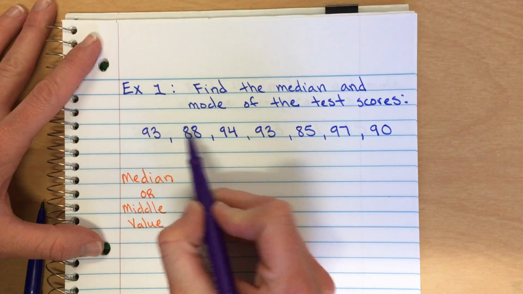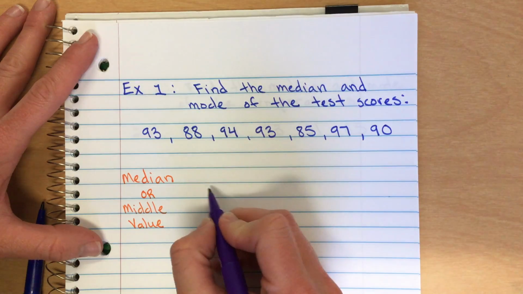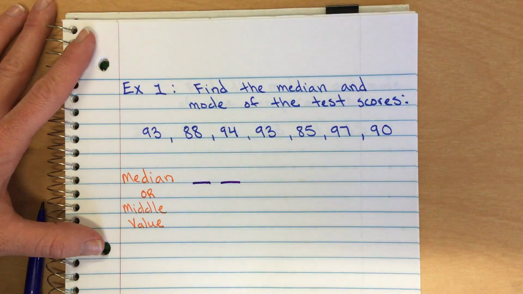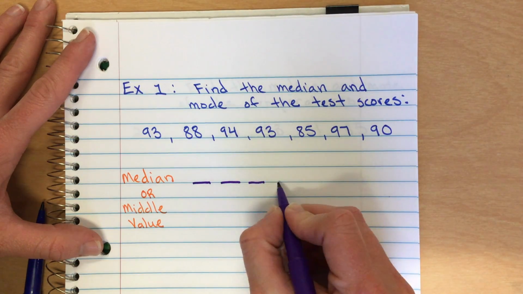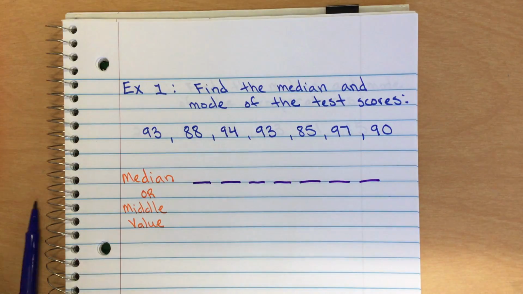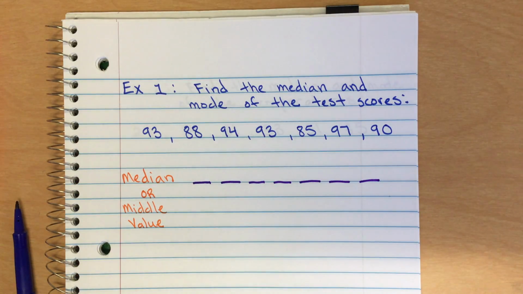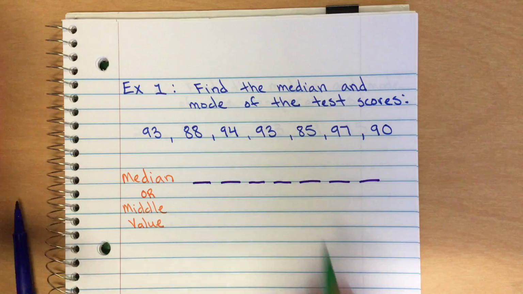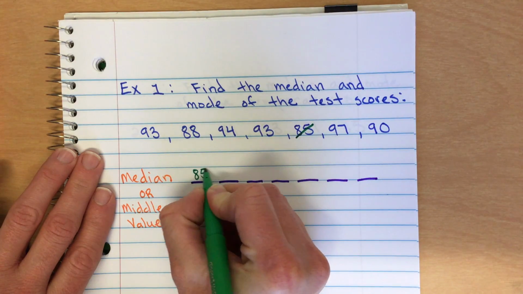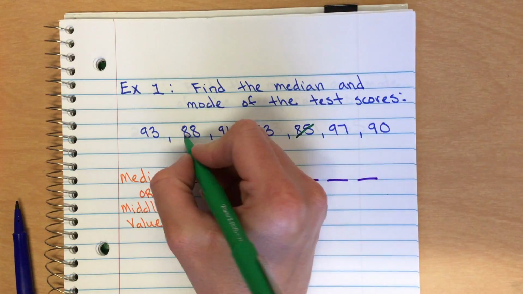Okay, I know I have 1, 2, 3, 4, 5, 6, 7 numbers, so I'm going to go ahead and put 7 spaces to make sure that I list all of my numbers. It's going to help us stay organized. Okay, so I'm looking for the smallest number, which is 85. Next we have 88.